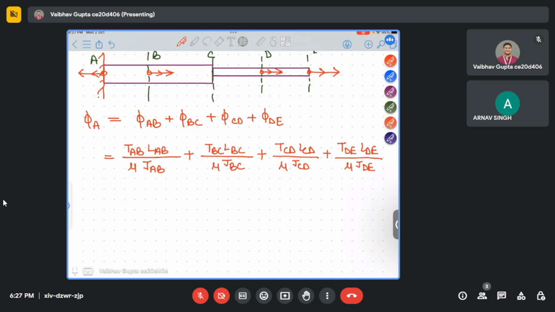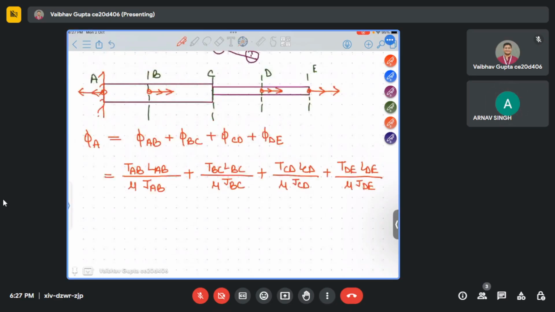Okay, got it? Now how to know about TAB, TBC, TCD, TDE? Because other things we know. We know the length of each element, we know the mu of each element, and we calculated the polar moment of inertia, that is J, for all element. Now we don't know what is TAB, what is TBC, TCD and TDE. Understood? Yes, sir. So now I'll again draw this diagram.